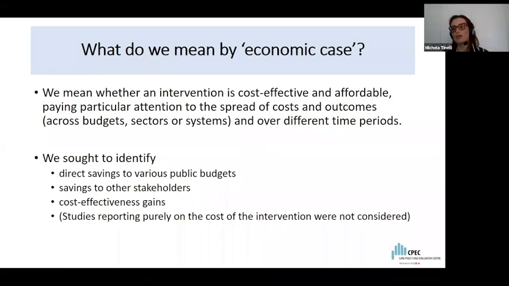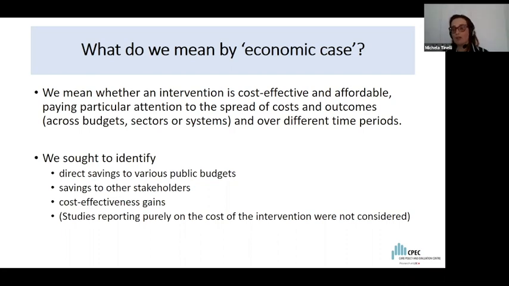We wanted to identify direct savings, of course, if such evidence was there, looking at the different public budgets, but of course, even beyond, looking at carers, families, and the broader societal views, if we could.